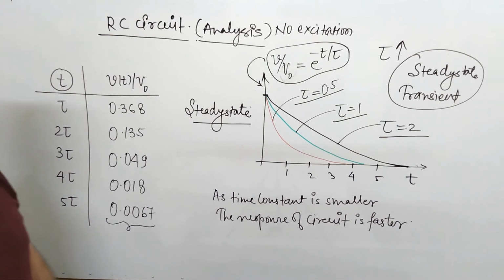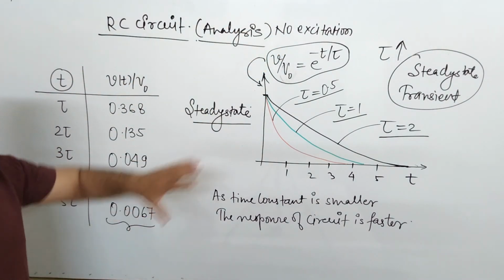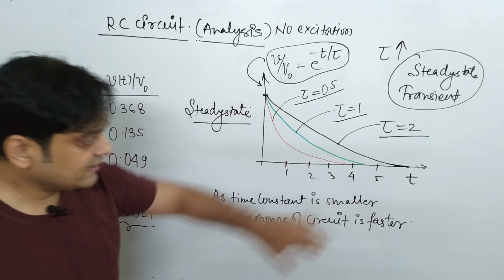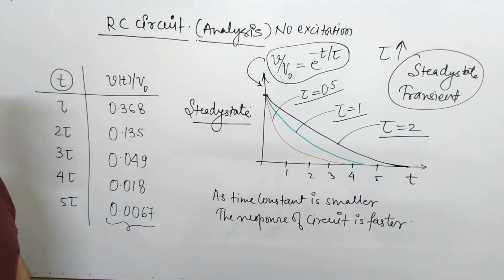From here, one more important thing is that in this type of condition where no excitation is applied, we have seen that some response exists at the output. This response is referred to as the natural response of the circuit.